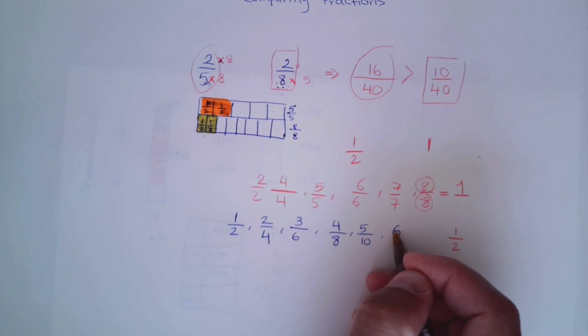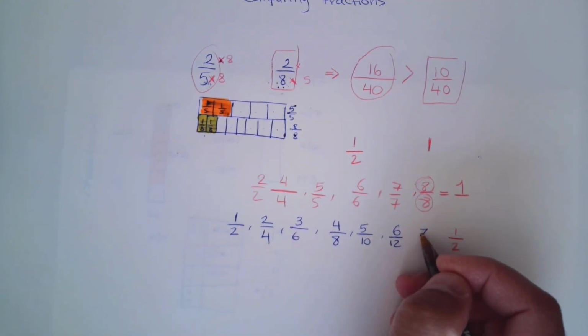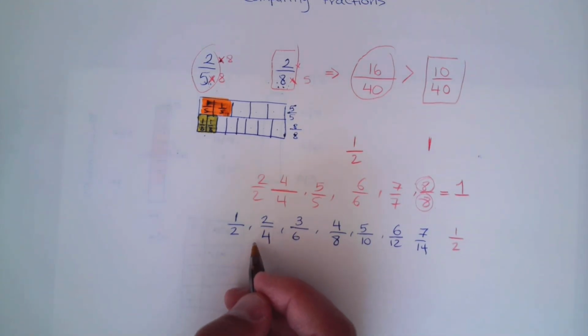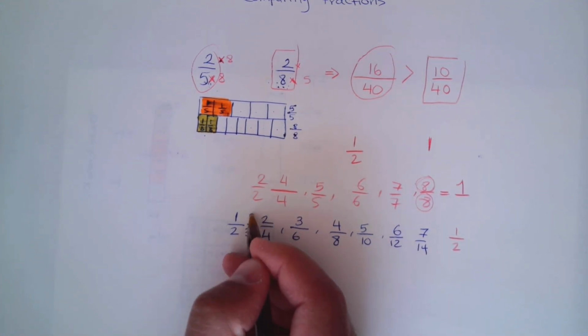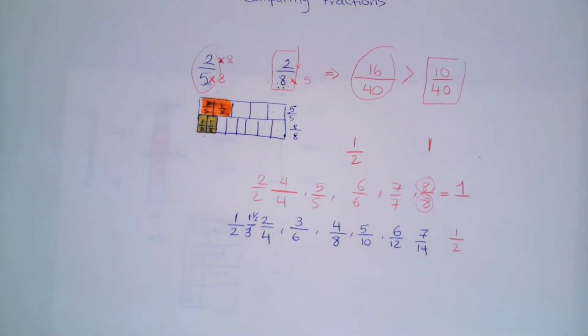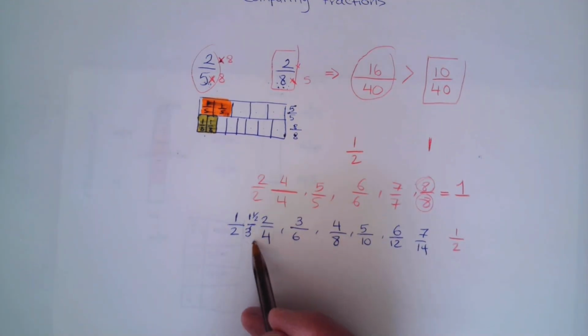5/10, 6/12, 7/14. And if you have an odd number like 3, for example, it's going to be between 1 and 2, which is 1.5, but we don't write fractions on top of fractions. That is so messy. See how messy it is?